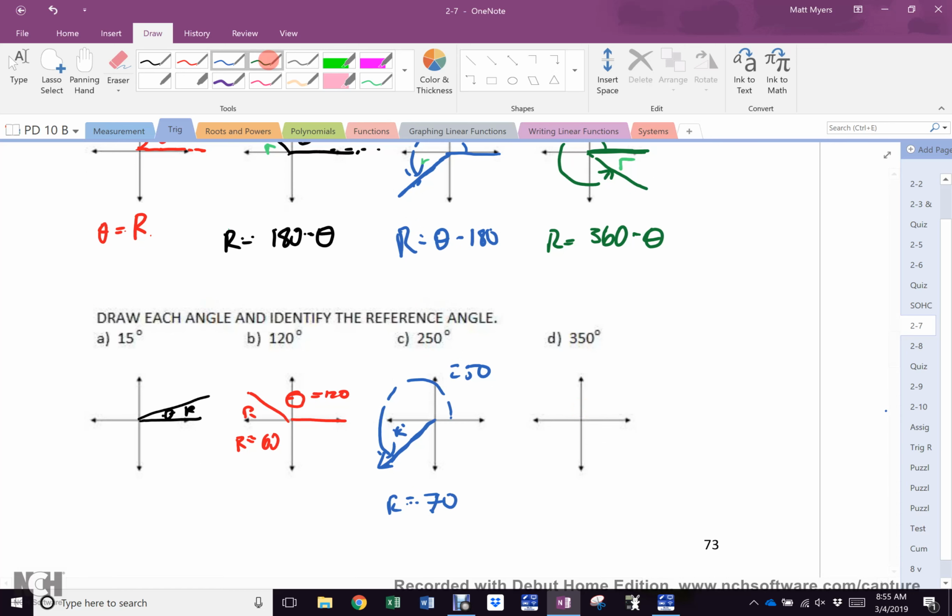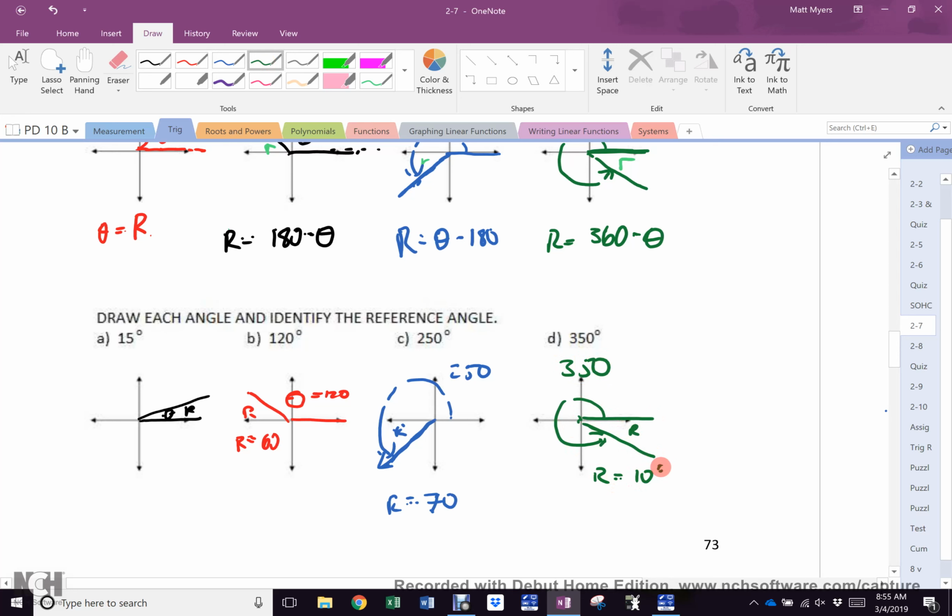And then in green, 350. R is there, and what does R equal? 10.